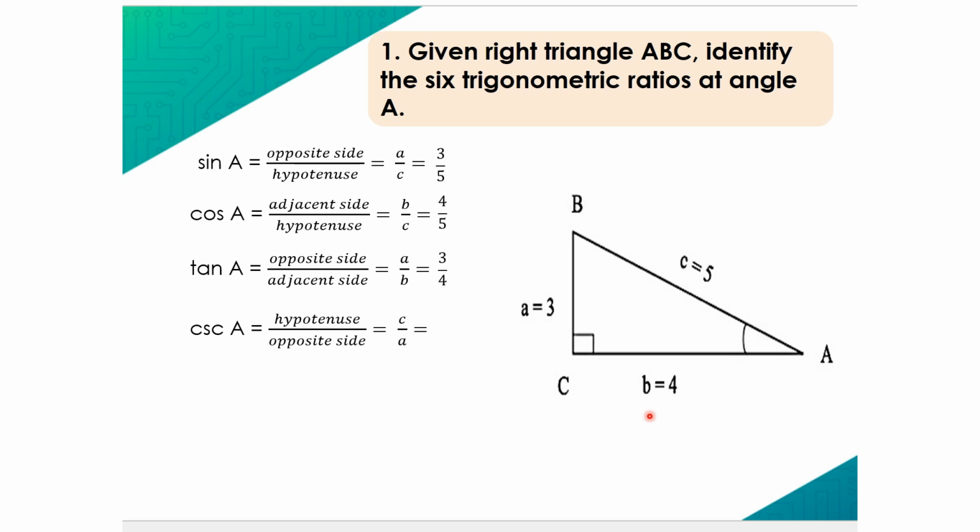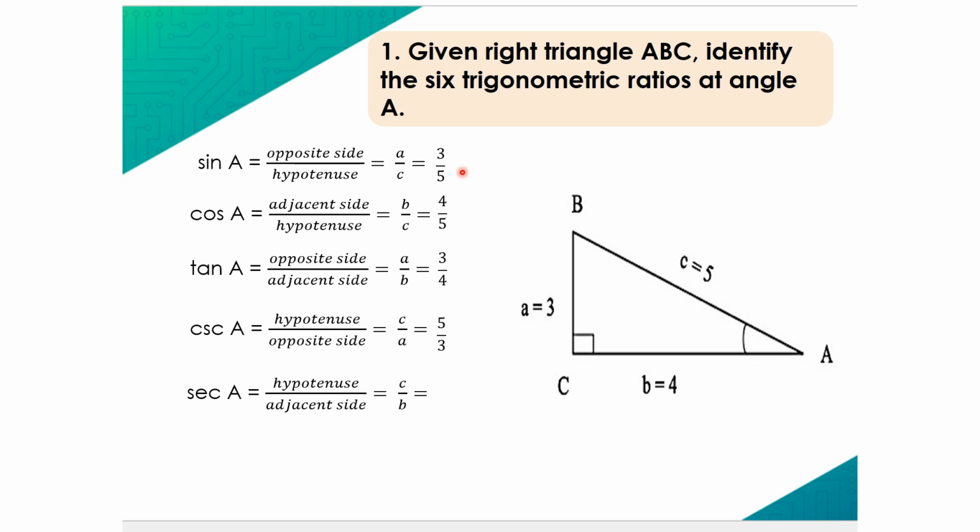For cosecant A, this is the reciprocal of sine. So, hypotenuse over opposite side. Since sine is 3 over 5, the reciprocal is 5 over 3. And then secant A is equal to hypotenuse over the adjacent side.